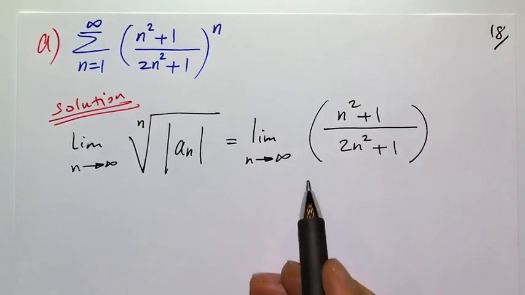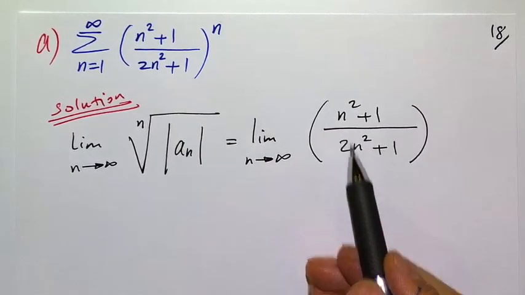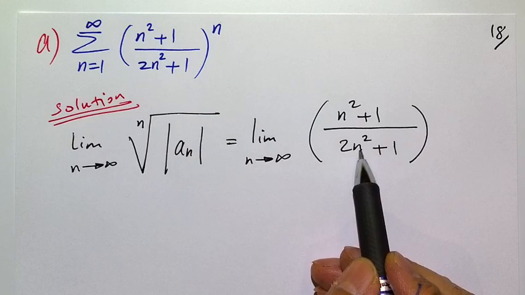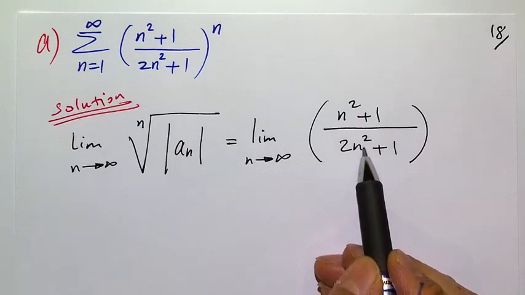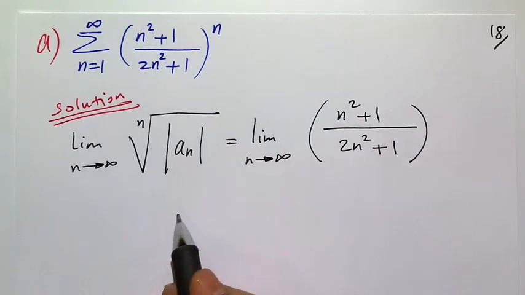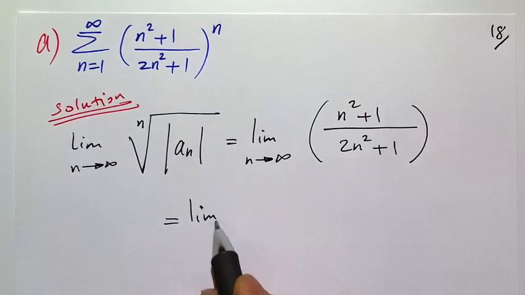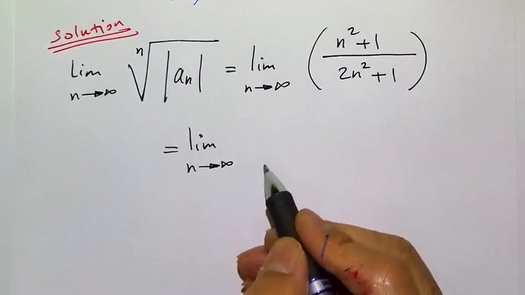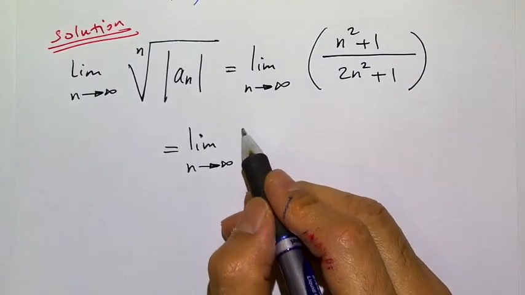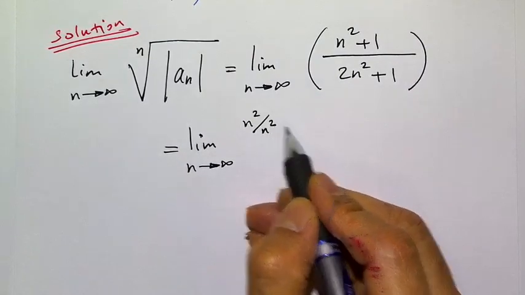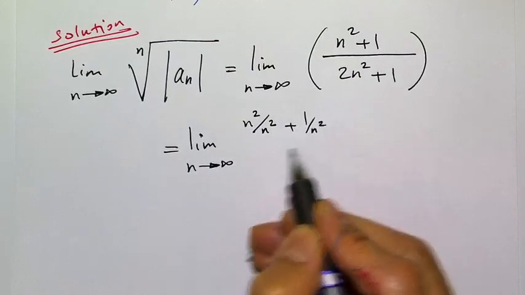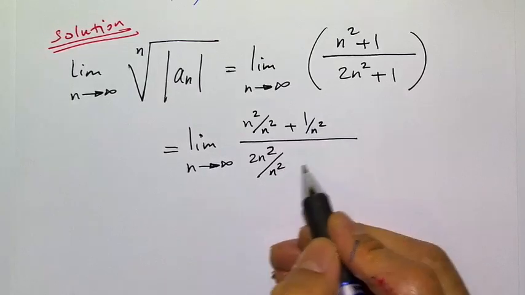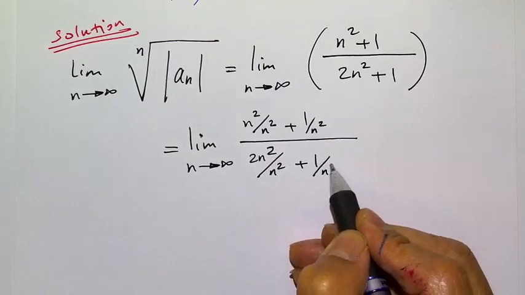Okay, and then just like before, we want to divide every term by the highest power of n in the denominator, and that is n squared. So let's do that. We have n squared over n squared plus 1 over n squared, divided by 2n squared over n squared plus 1 over n squared.